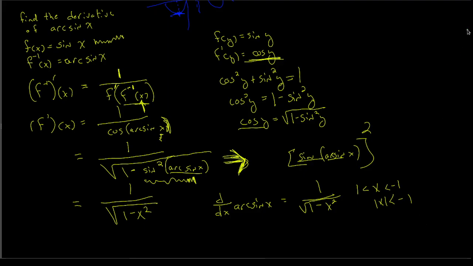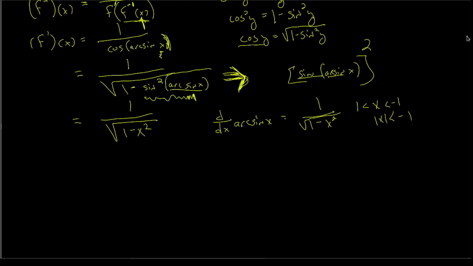And the chain rule then lets us say that d dx of arcsine of u, if u is a function differentiable in x, is 1 over the square root of 1 minus u squared times du dx. And so the chain rule applies to that also.